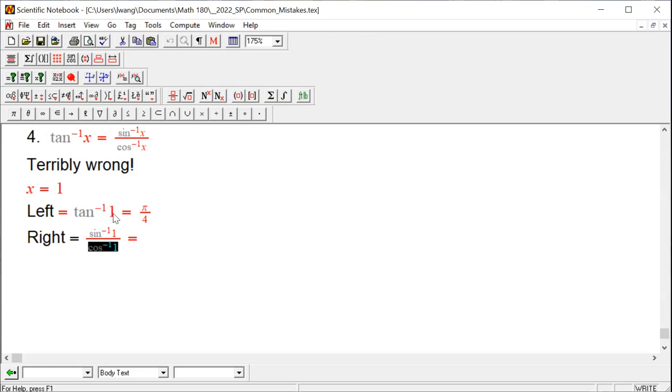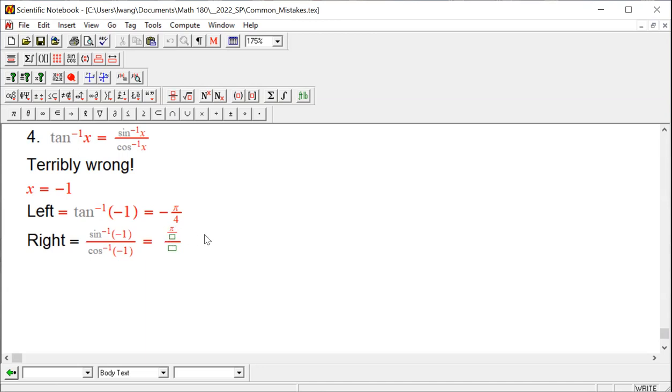Let's just choose a different number. How about -1? -1 is okay. So let's see if it works. Arctangent of -1 is negative pi over 4. What is arc sine of -1?